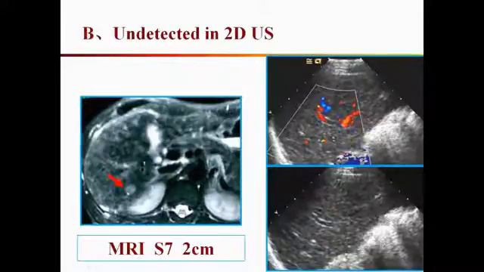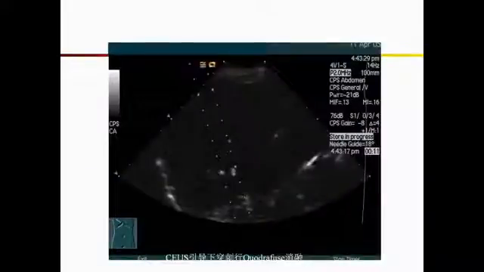Sometimes the tumor cannot be detected by 2D because it is isoechoic. In this case, we can see by MRI a 2 centimeter tumor here, but we cannot detect it by color Doppler or pre-contrast ultrasound. By using contrast ultrasound, it's easy for us to display the tumor, and then we can puncture the needles precisely into the tumor, and have a very effective ablation for the patients.